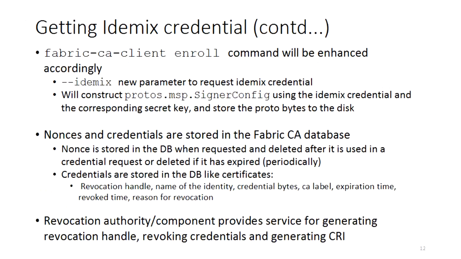We will store the revocation handle, the name of the identity who owns this credential, the credential bytes, the CA that issued the credential, expiration time for the credential, revocation time, and the reason for revocation. This is all the information that we store for certificates today. The new stuff is that instead of serial number, we'll be storing the revocation handle, and instead of certificate, we'll be storing credential bytes. Everything else is the same.